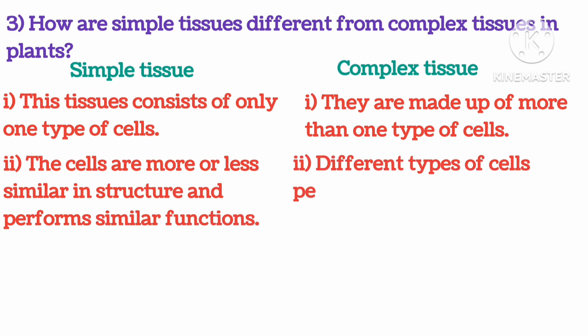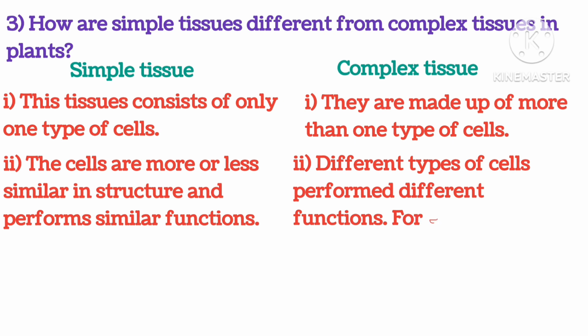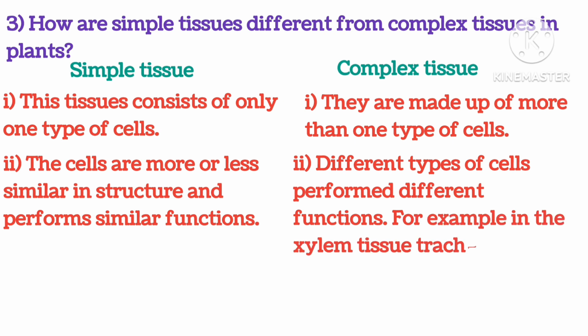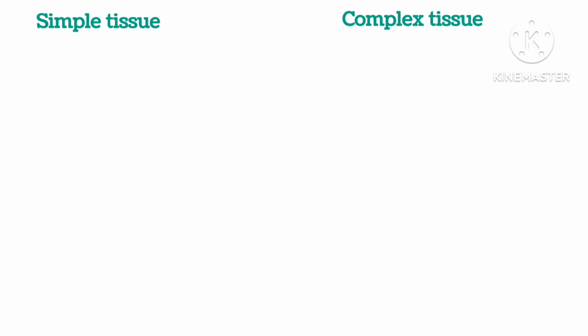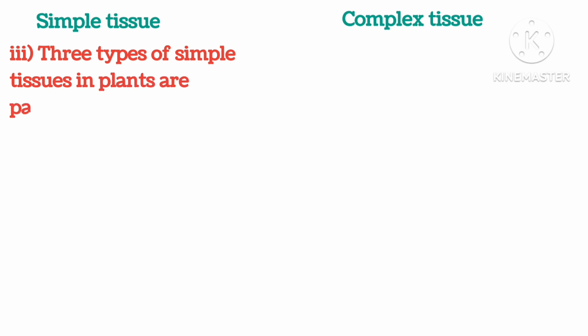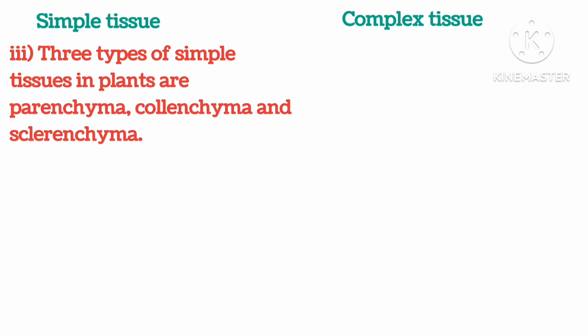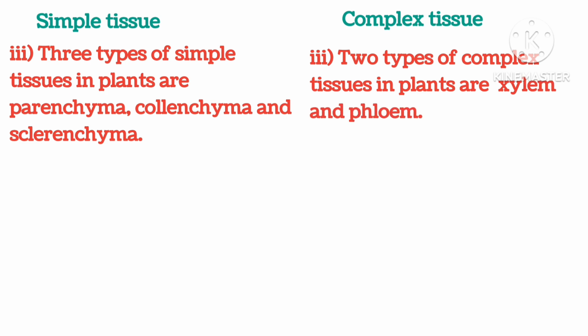In complex tissue, different types of cells perform different functions. For example, in xylem tissue, tracheids help in water transport, whereas parenchyma stores food. Simple tissues are of three types: parenchyma, collenchyma, and sclerenchyma. Complex tissues are of two types: xylem and phloem.